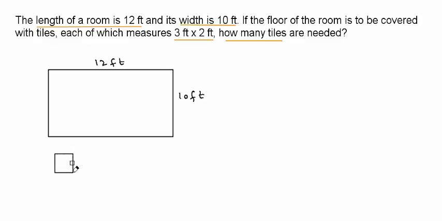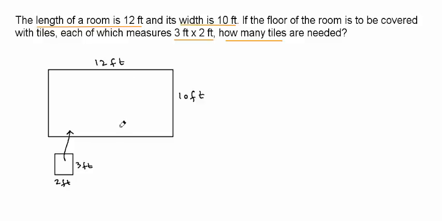And we have tiles that are 3 feet on one side and 2 feet on the other. We want to find out how many of these will be needed to cover this. So essentially, we want to find out how many times this area will fit into this larger area.